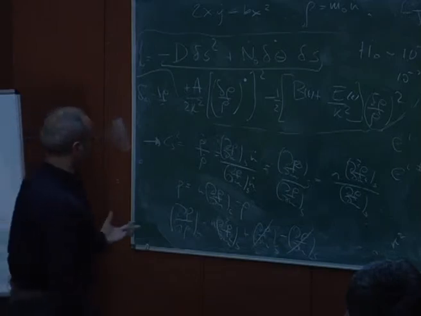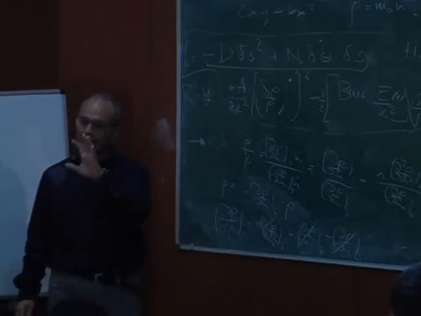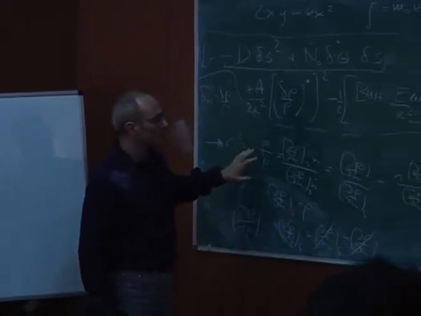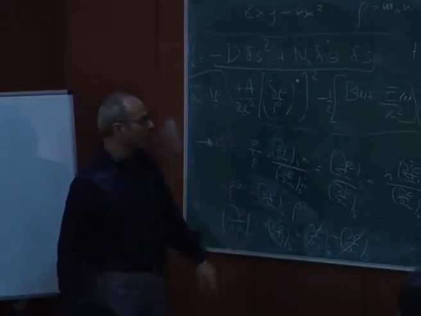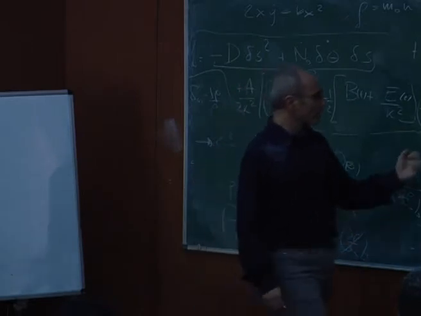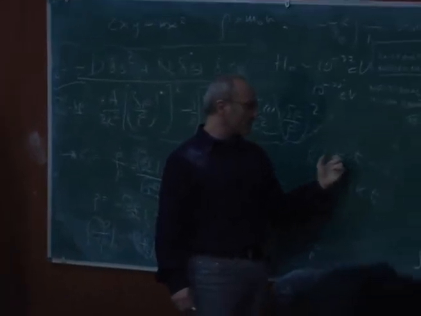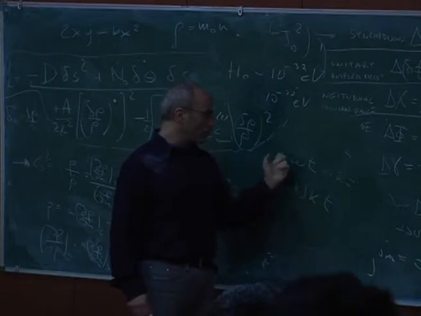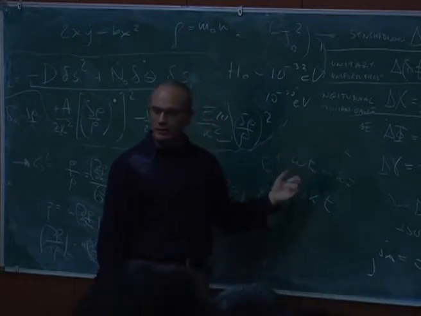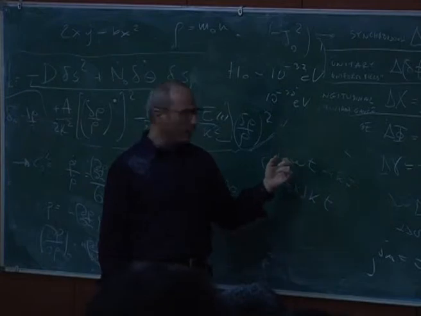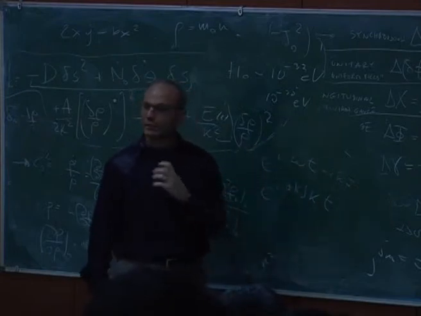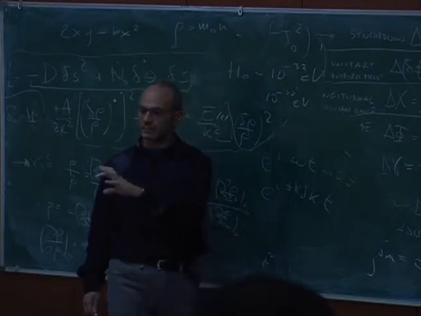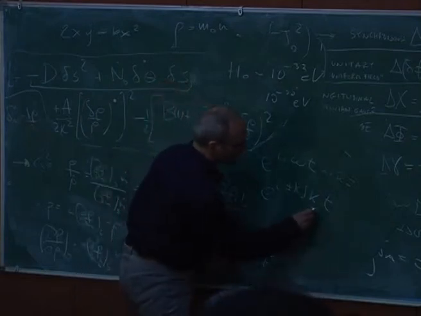So I first assume that the solution was similar to an exponential e to the i omega t, and I was finding that it was true when omega was c_s k_p divided by a.